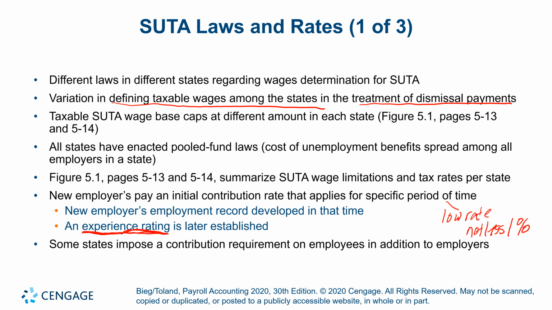Some states impose a contribution requirement on employees in addition to employers. So the general rule is that only employers pay unemployment, right? But what it's showing here is that some states do impose an amount that employees have to contribute as well. So, okay.